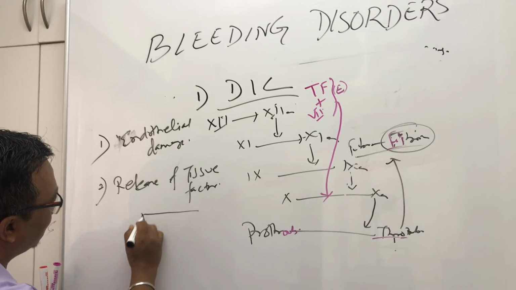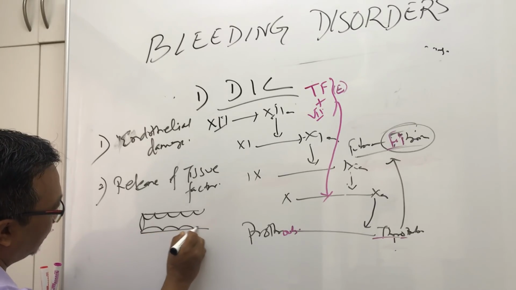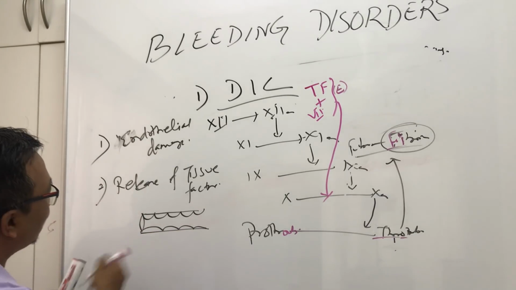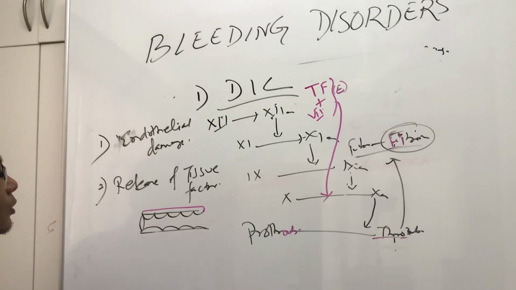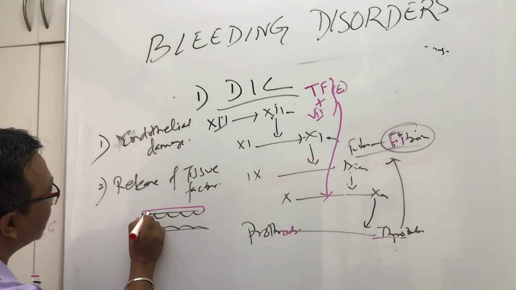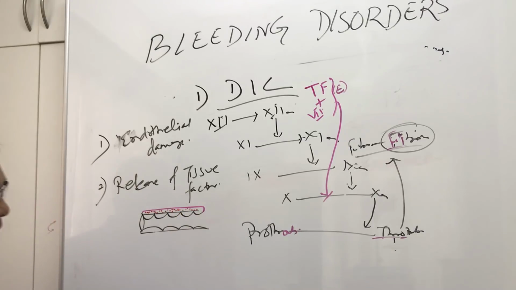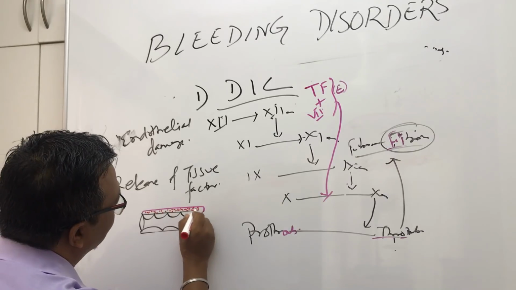We know in the blood vessels there is endothelium. Now what is below the endothelium? Below the endothelium, we call it the subendothelium. What is present in the subendothelium? Tissue factors are present in the subendothelium.